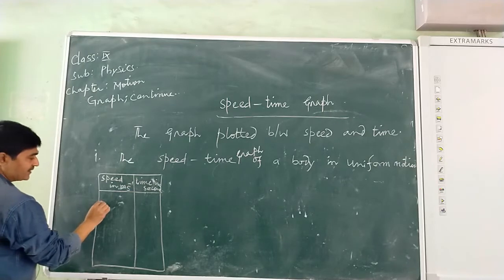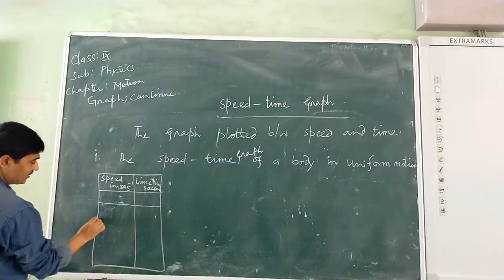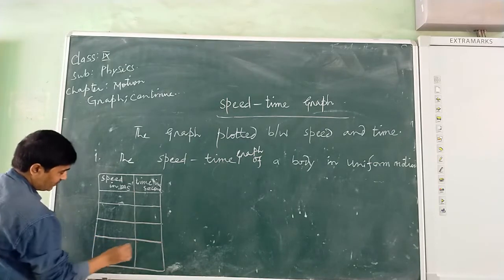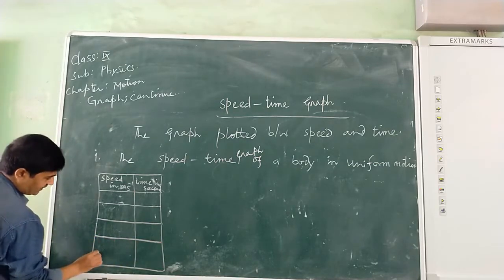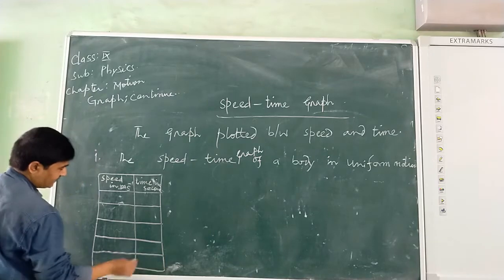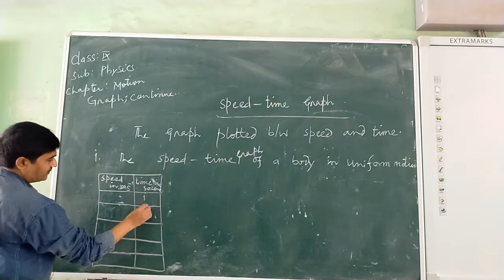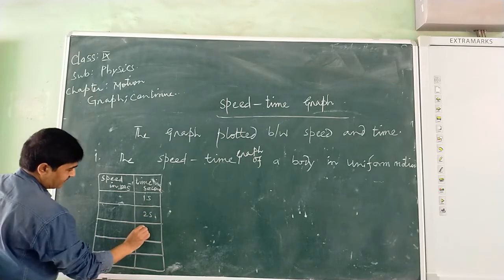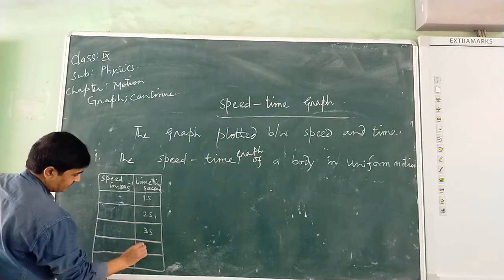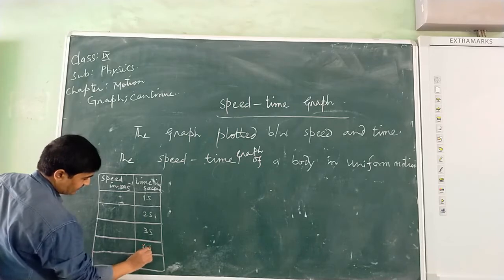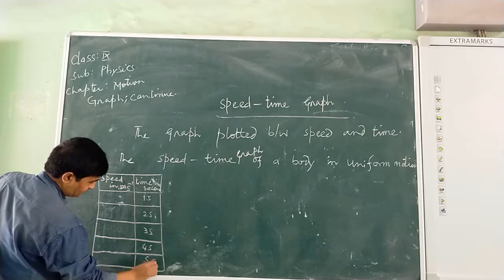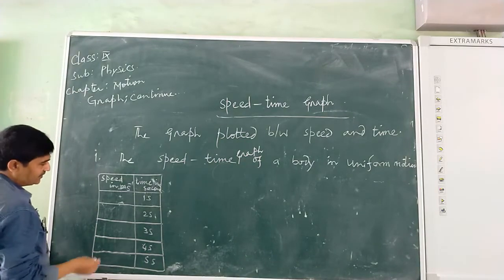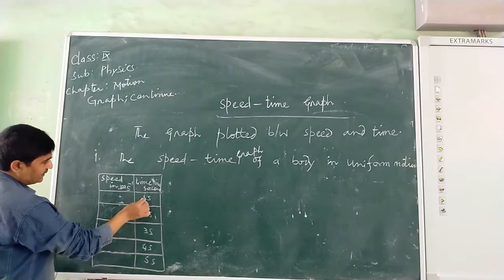In the example of the distance time graph of a body in uniform motion, we took 5 meter, 10 meter, 15 meter, 20 meter, 25 meter in 1 second, 2 second, 3 second, 4 second, 5 second. We have taken the same example.